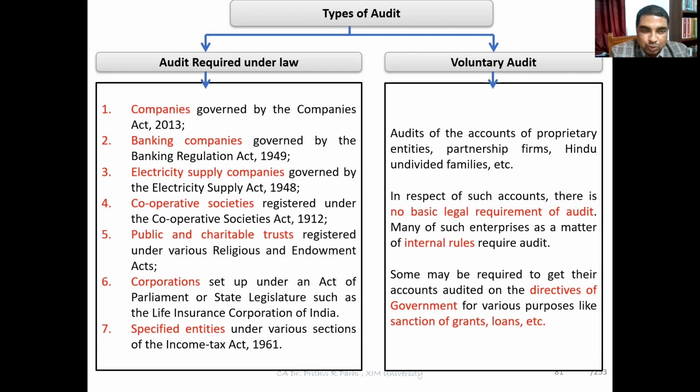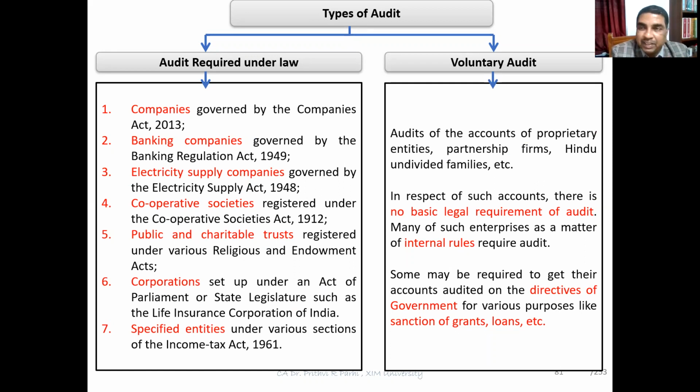Public and charitable trusts which are registered under various religious and endowment acts, maybe central act, maybe state act, if they're registered like this, they're also supposed to get their accounts audited. Corporations which are set up under an act of parliament or state legislature, such as life insurance corporations, etc., are also required to get their accounts audited.